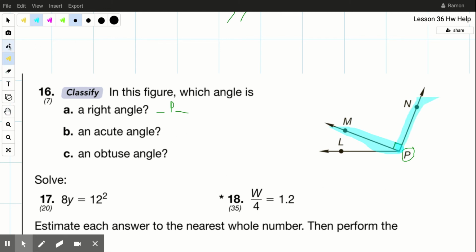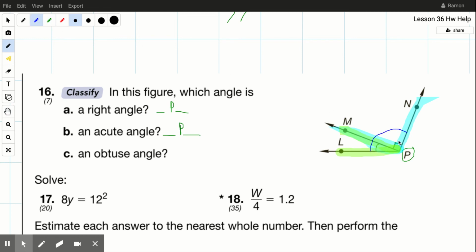An acute angle, we all know, is less than 90 degrees. Again, it's located at point P. But then you have to keep in mind, and again, the order doesn't matter here, that you want to use the legs or the points that create the acute angle. And finally, for the obtuse angle, you're looking at an angle that is larger than 90 degrees.